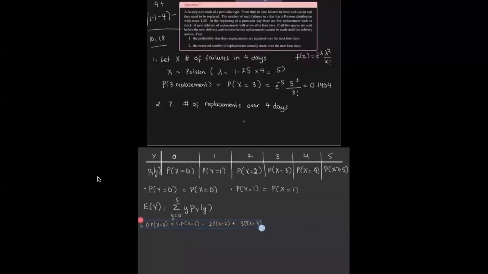Let me know if I write too small, but I just want to fit everything in one line. And probability that x is at least 5, we can use complement rule to get 1 minus probability that x is less than 5.